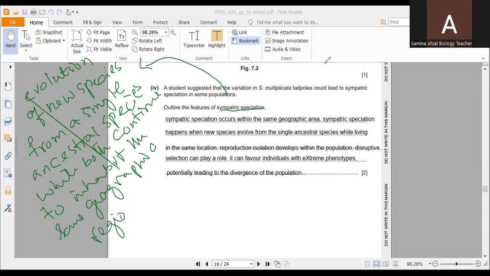So this is the definition of sympatric speciation.